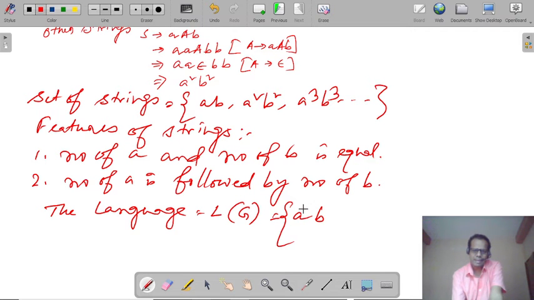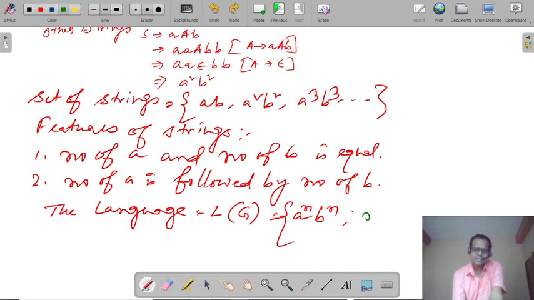If the power of A is n, then the power of B will be n. A first, then B will occur. And as the least length of the string is AB, the power of A and the power of B will start from 1.